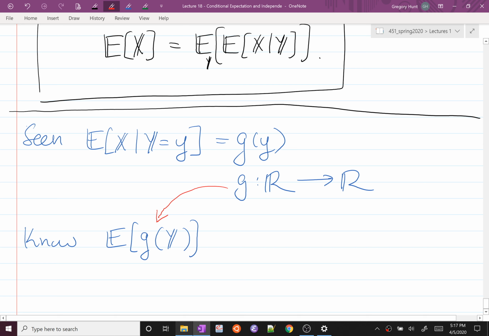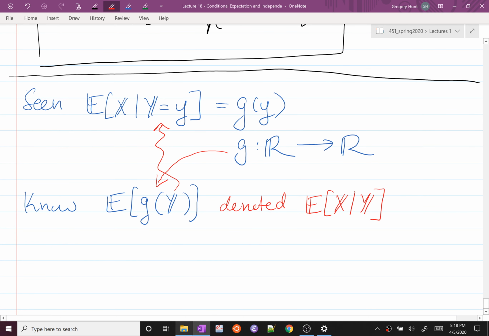And so when we do this, it is denoted as the expected value of X given Y. Now these are both capital letters, bold. We don't say it's equal to little y. It's like I'm plugging my random variable Y back into this thing. So this thing is a random variable.